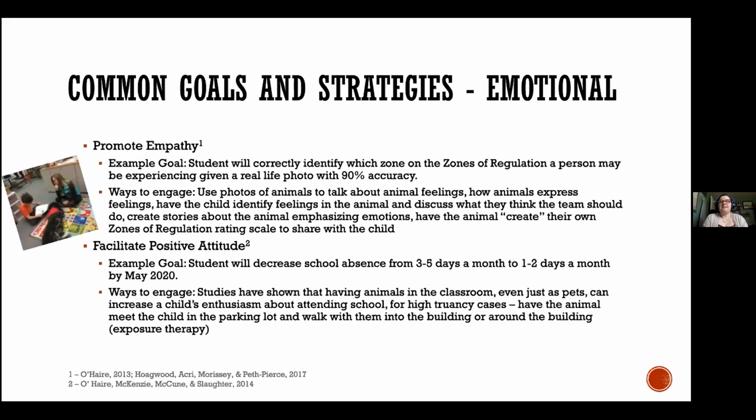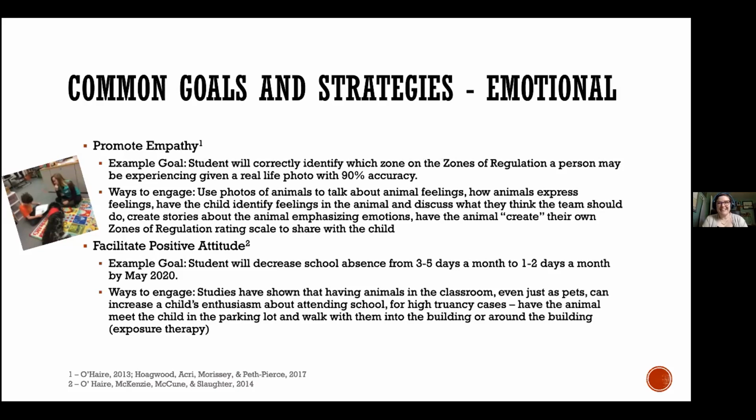So moving on to our second domain, our emotional domain. Some of the goals that we might see around empathy or having a positive attitude. I utilize the zones of regulation a lot when working on empathy. And so that is from the social thinking curriculum, and we can have a rating scale for the child and for the animal.